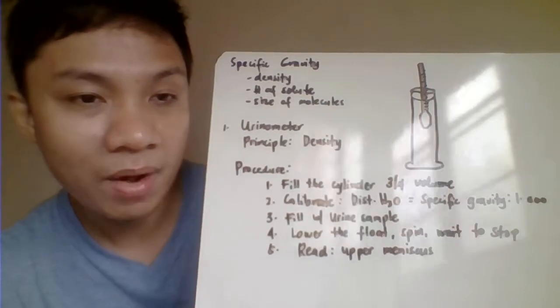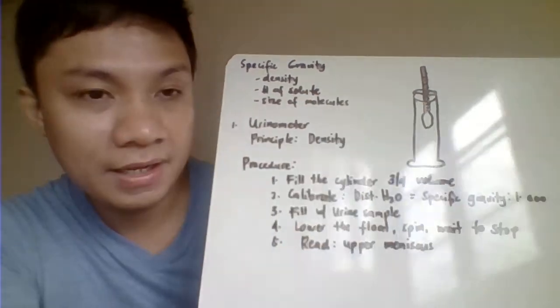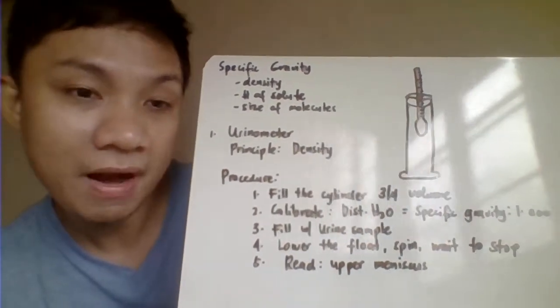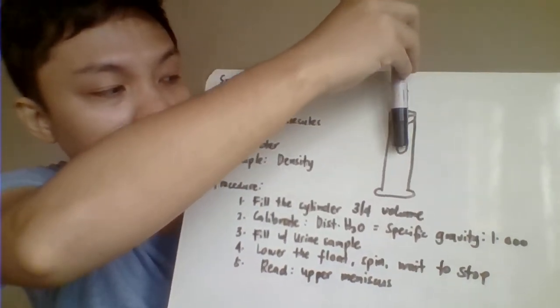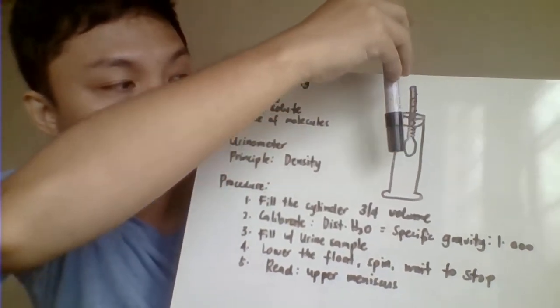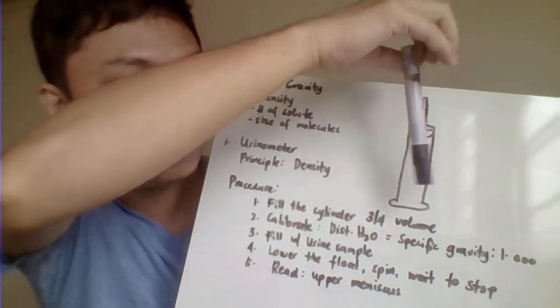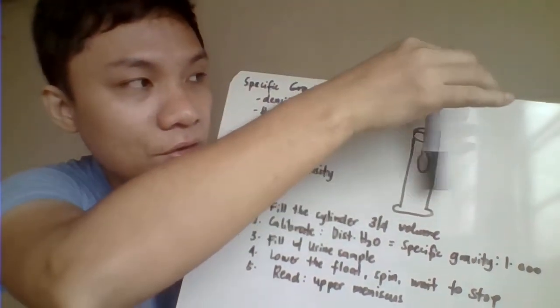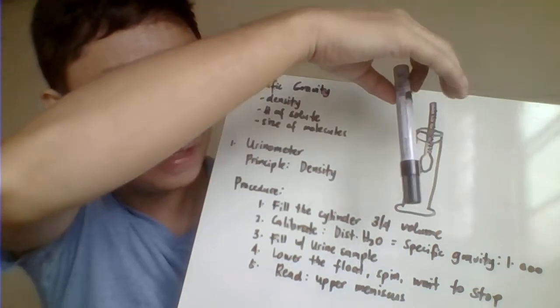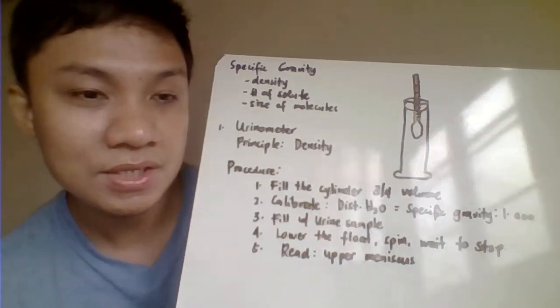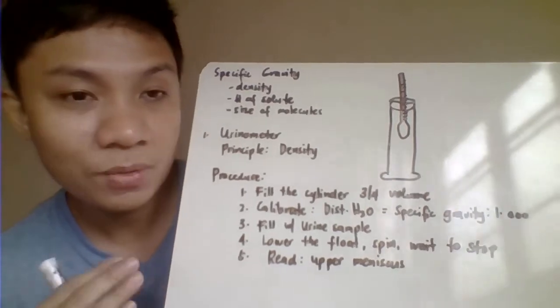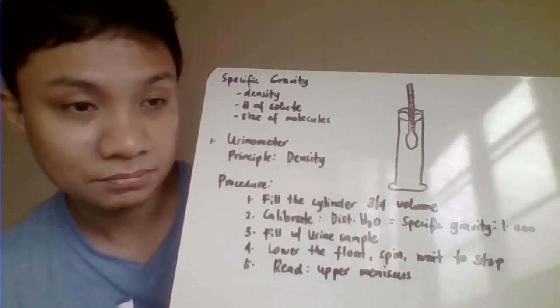Okay, then after that one, you try to measure the specific gravity reading here by lowering the urinometer float, tapos bibitawan, and then rotate mo. I-rotate mo ito, ayan. Tapos bitawan mo, magpo-float na siya, and then try to wait kung kailan siya mag-stop.